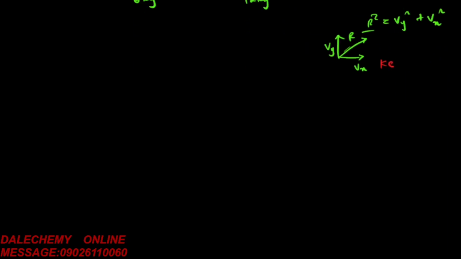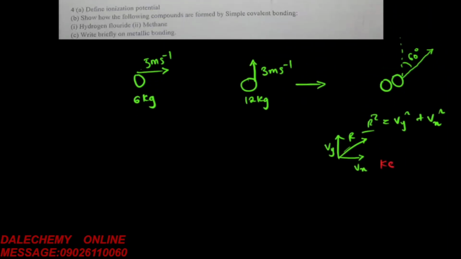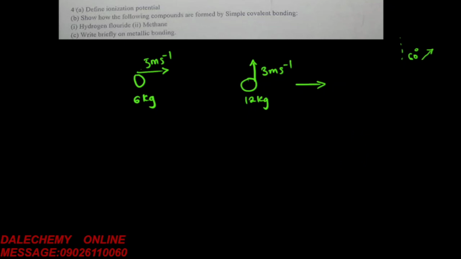So now it means that we have to analyze this problem according to their plane. So it's going to be in two planes, x and y plane. So you still use the normal conservation of linear momentum, which is going to be m1 u1 plus m2 u2 equals m1 v1 plus m2 v2.